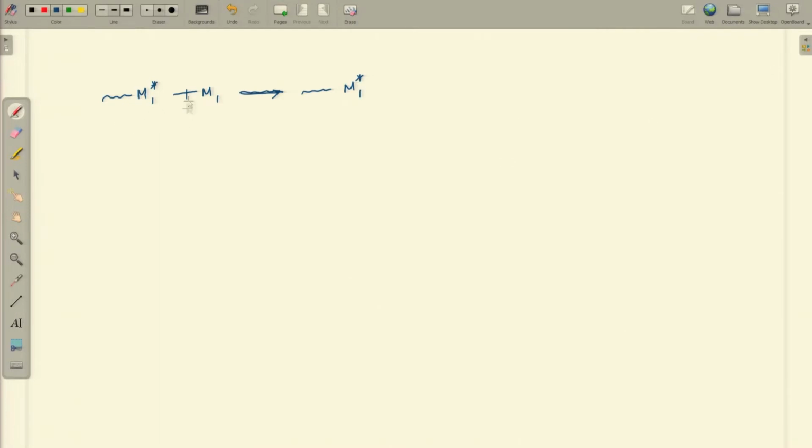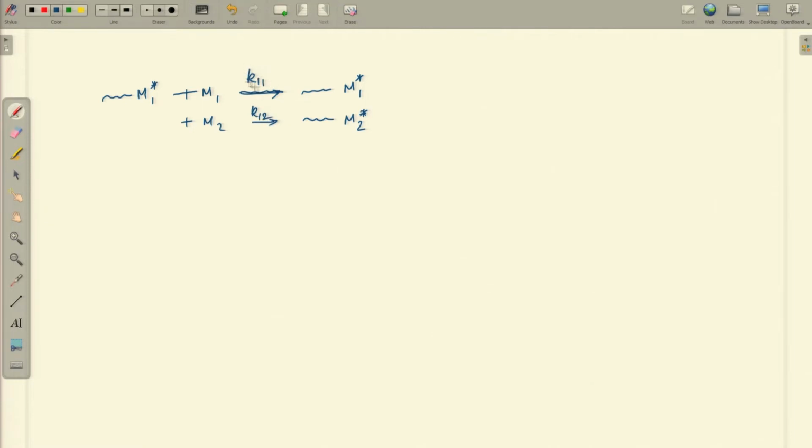Now, this can again react with M2 giving you M2 star. Now, we can write the rate constant as K11, where 1 stands for the active chain species and the second number stands for the monomer. So, this I can write as K12.